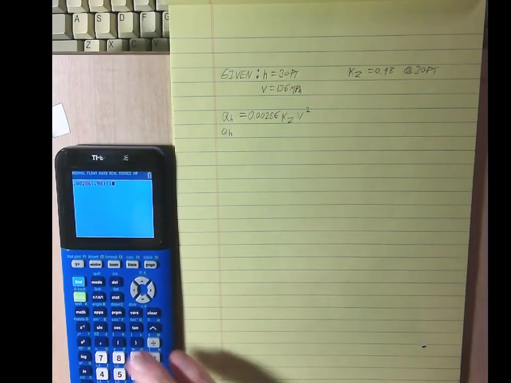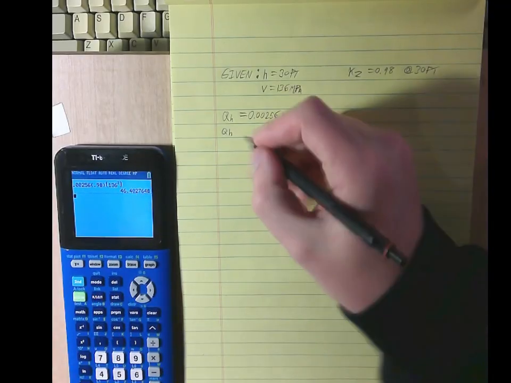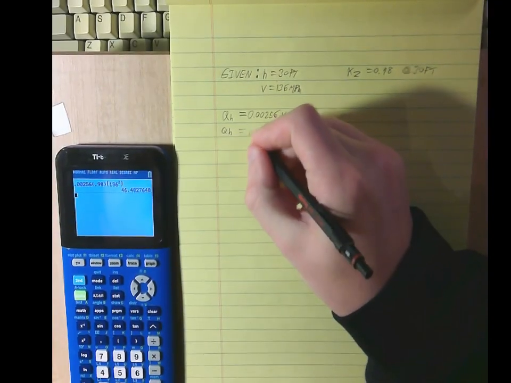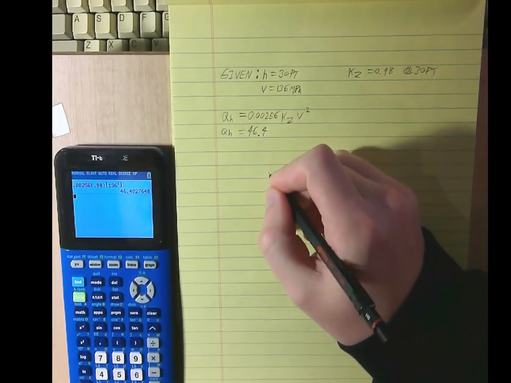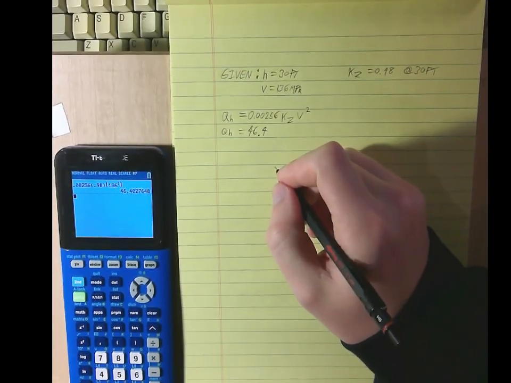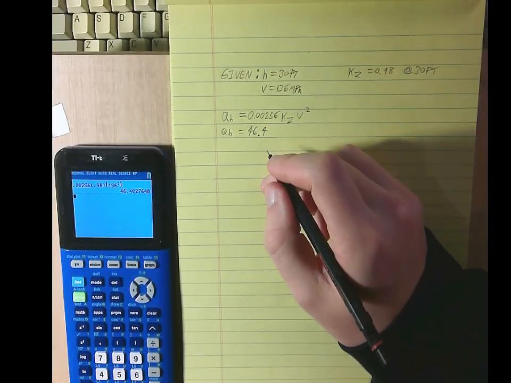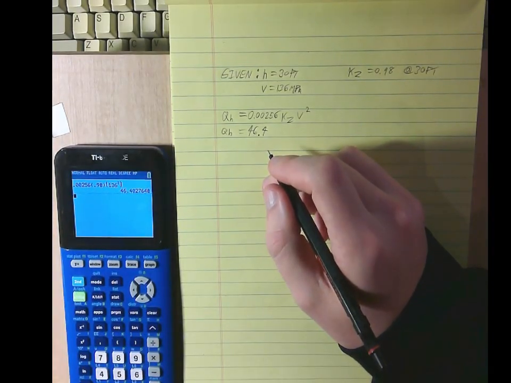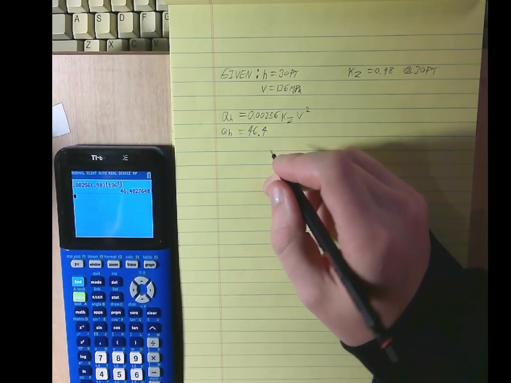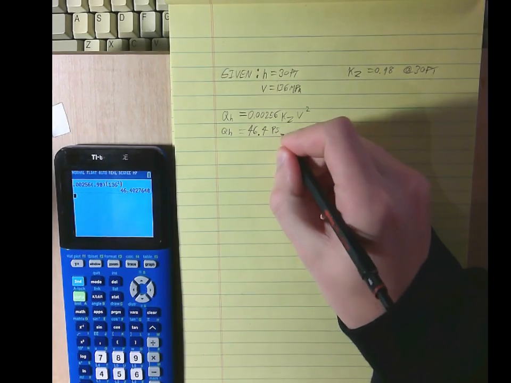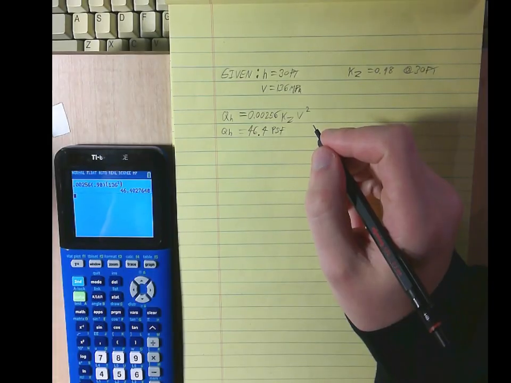Times V squared, 136 squared. Okay. So QH is going to be equal to 46.4. I forget what the units here would be. PSF, I believe.